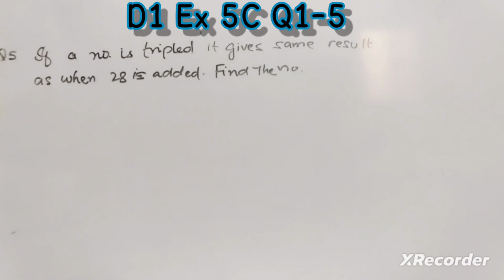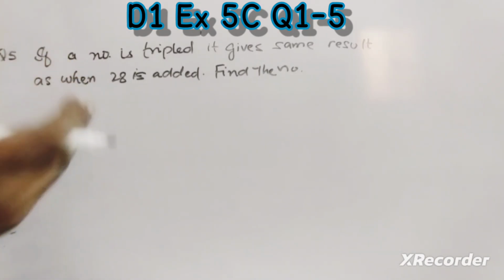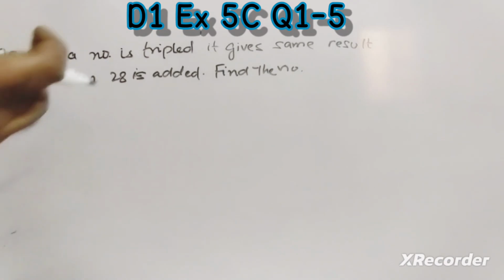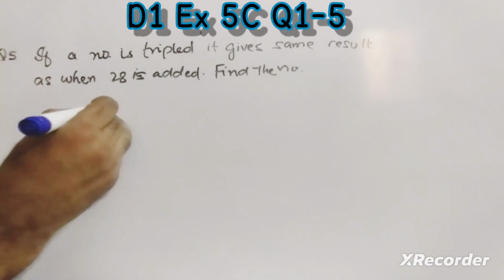Now moving to the last question of today's lecture. If a number is tripled, it gives the same result as when 28 is added to this number. Let's try to make an equation. If a number is tripled, it means let our number be x, and when tripled, it means 3 times multiplied by that number, that is 3x.